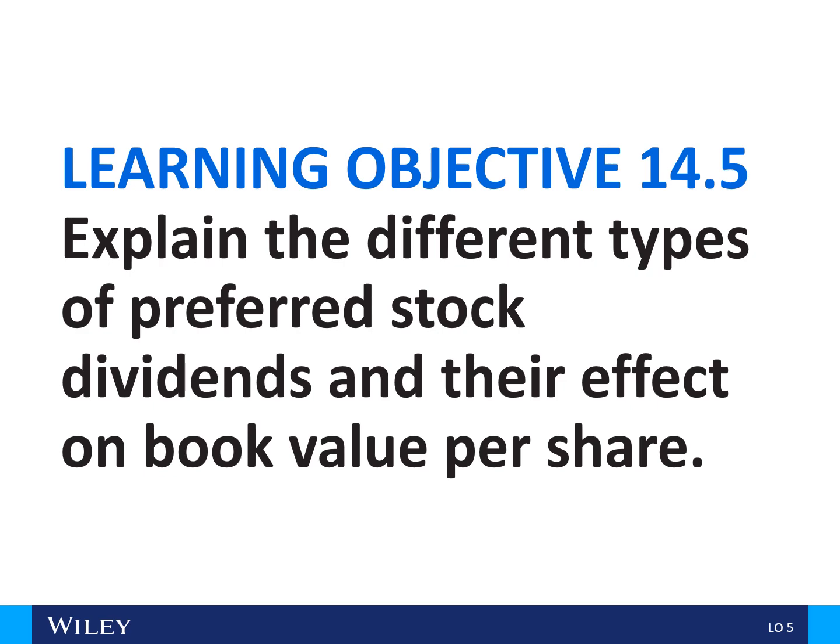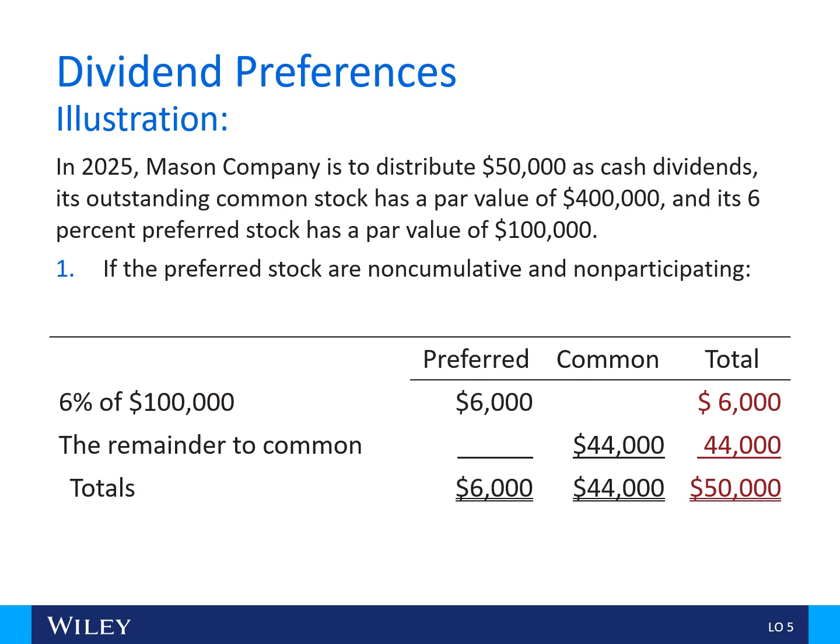And then finally, the different types of preferred stocks and dividends. It says here in 2025, Mason Companies is to distribute $50,000 of cash dividends. Its outstanding common stock has a par value of 400,000, and its 6% preferred stock has a par value of 100,000. If the preferred stock is non-cumulative and non-participating, normally for the most part you will see that preferred stock will be cumulative.